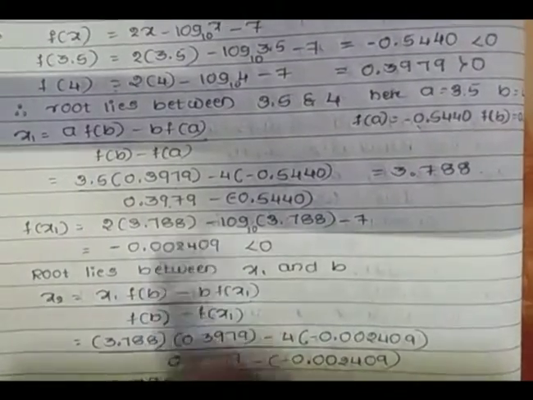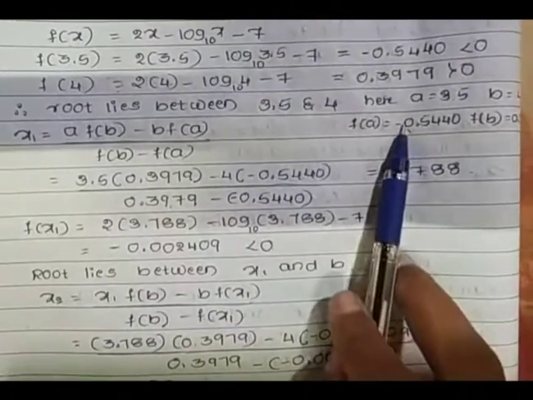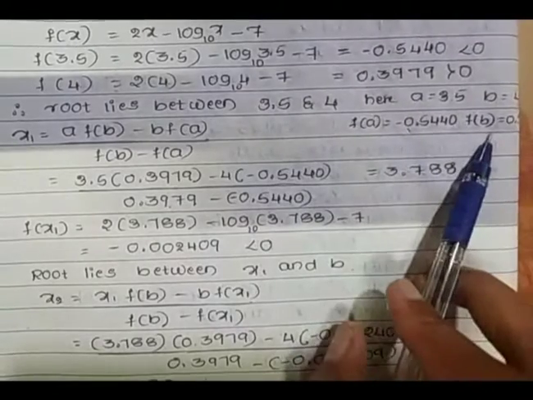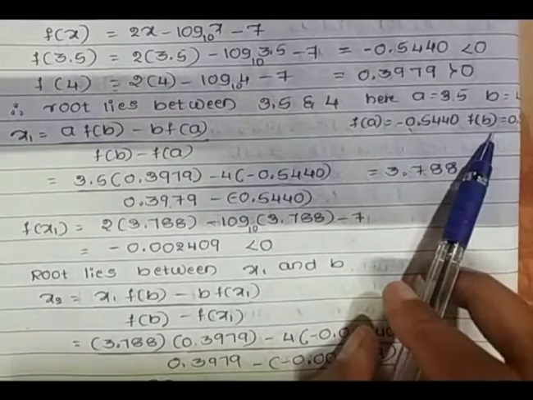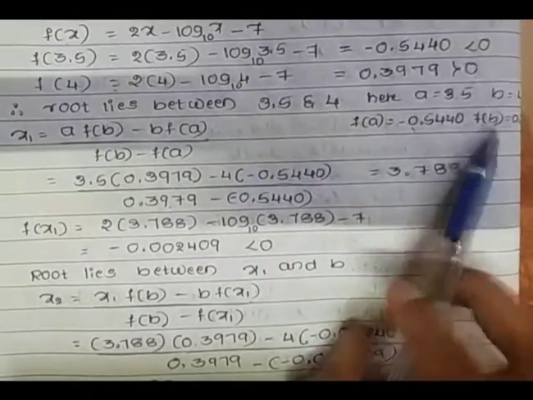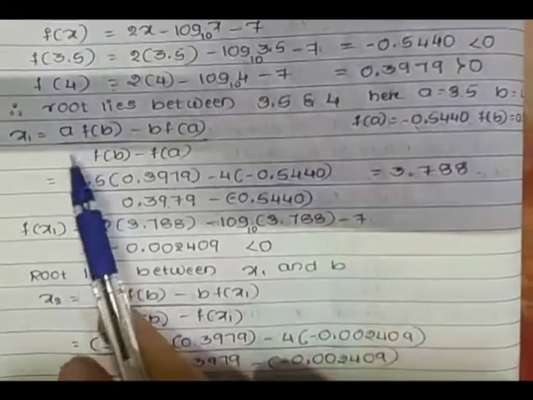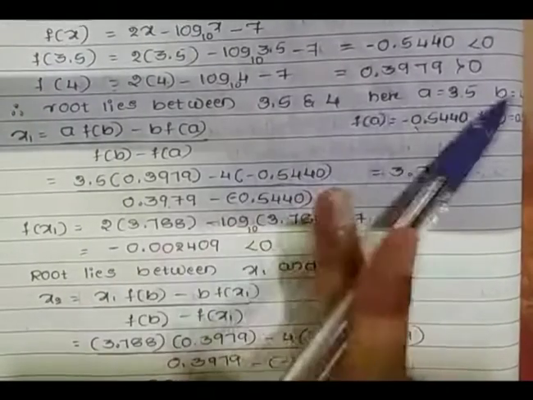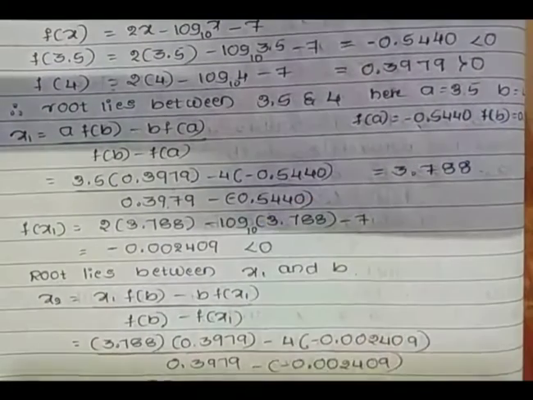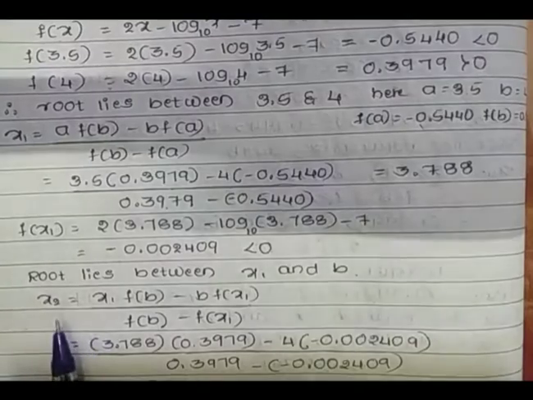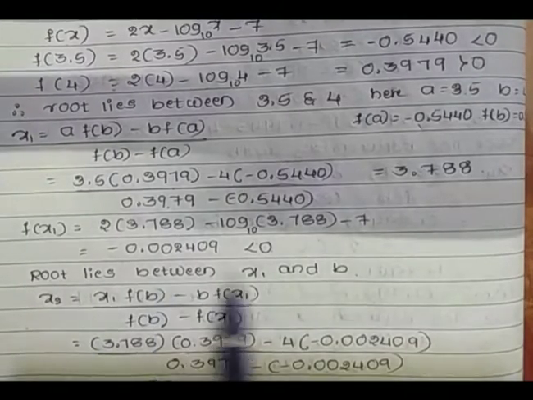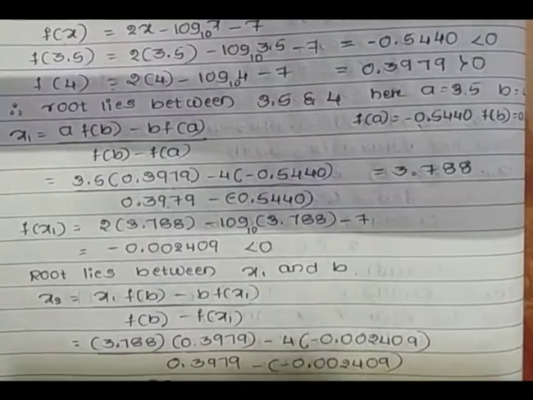So along with negative, again one more negative answer we cannot consider, so go for b. It means for the second approximation, the root lies between x1 and b, because x1 is giving us a negative value and b is giving us a positive value. Therefore, the root lies between x1 and b.